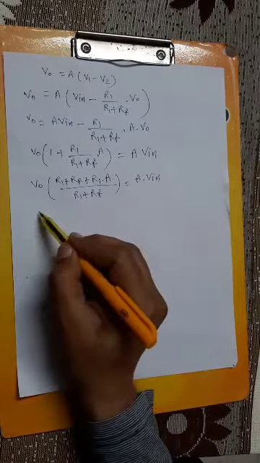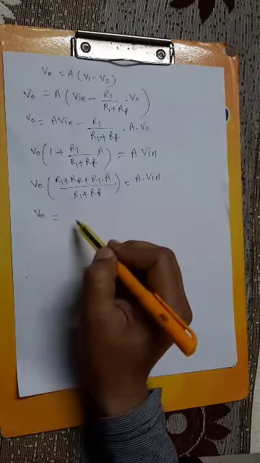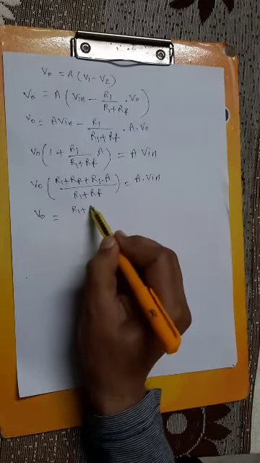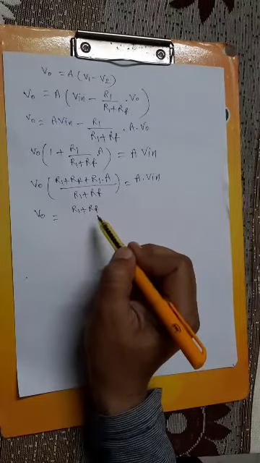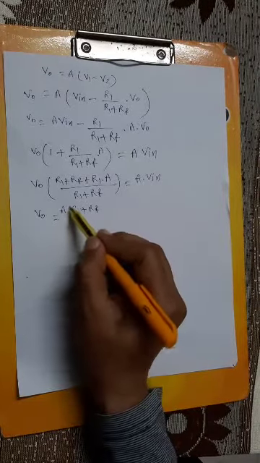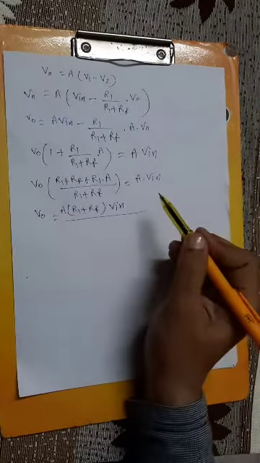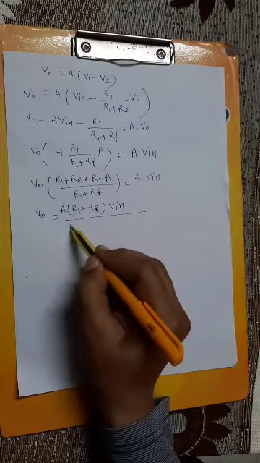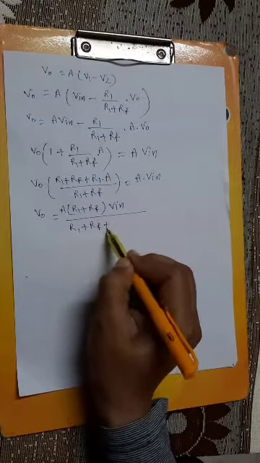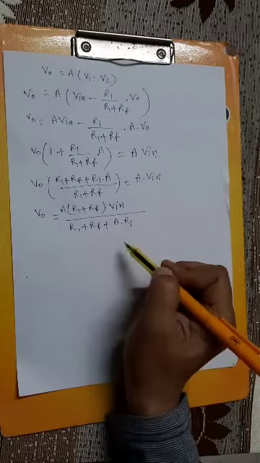So V naught is equal to (R1 plus Rf) into A into V input by (R1 plus Rf plus A into R1).